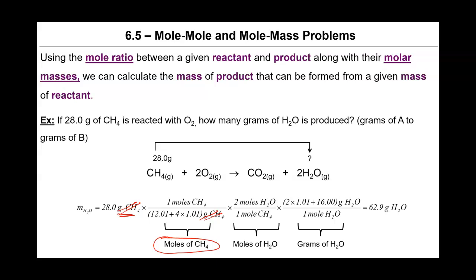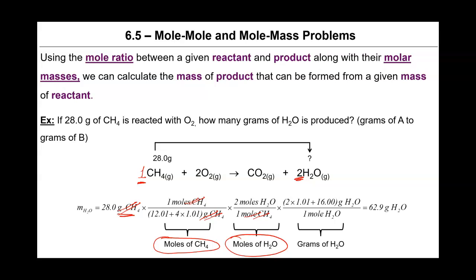Now I can use my mole ratio. And according to my balanced equation, I produce 2 moles of water for every 1 mole of methane reacted. So multiplying by the appropriate mole ratio that cancels moles of methane and leaves us with moles of water gets us a little bit closer.